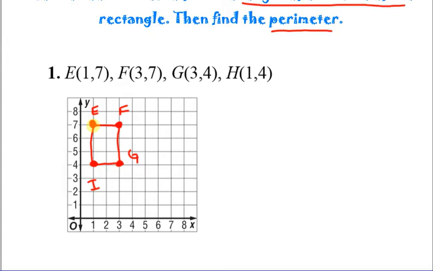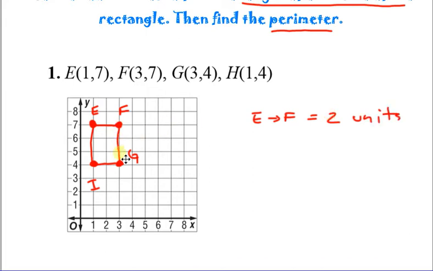Okay, so we clearly have a rectangle here. What we need to do now, according to the directions, is to find the length of each side. I need you to think back to when we did the distance between 2 points. So what's the distance between (1, 2) and (1, 3)? It's going to be 1 unit. And so we need to go back to using the word units when we're doing a coordinate plane. So the distance from E to F equals 2 units.